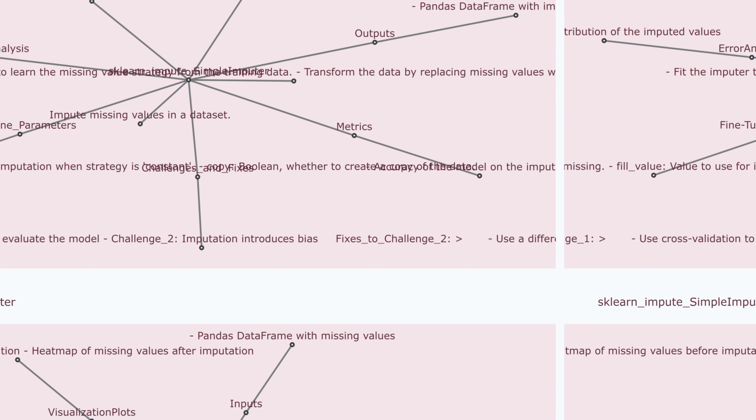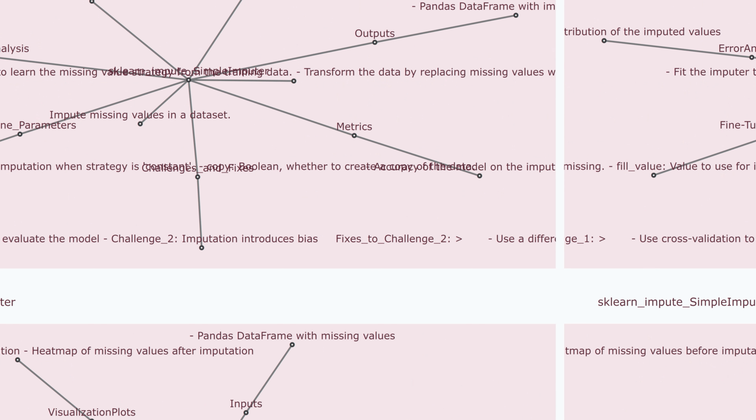Challenge 2: imputing categorical features using most frequent can introduce bias if the most frequent category is not representative of the missing values. Sample use case: in a dataset with gender as a categorical feature, imputing missing values with male, the most frequent category, may misrepresent the actual distribution of genders.